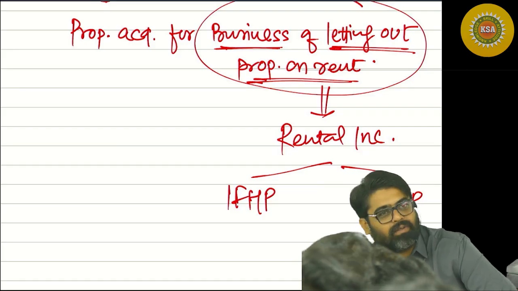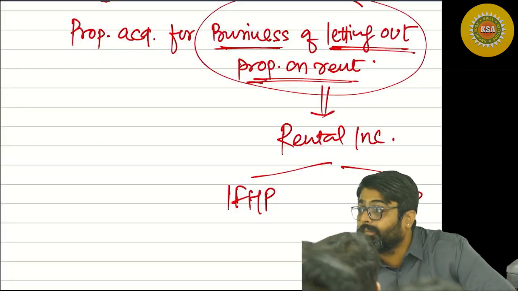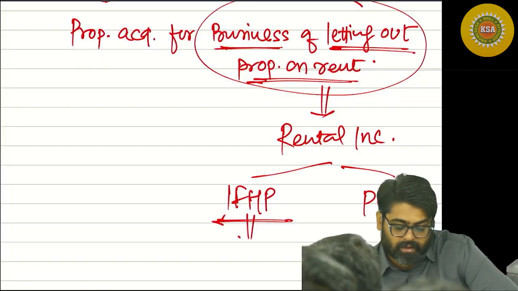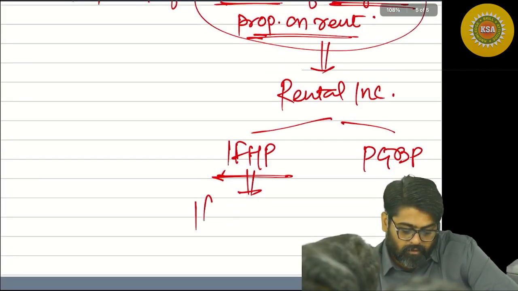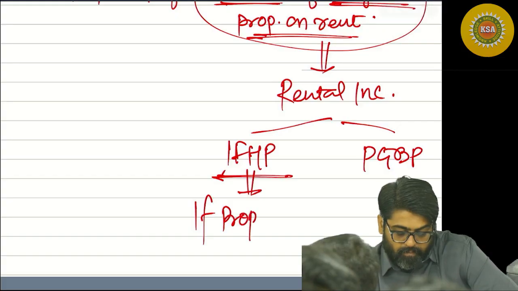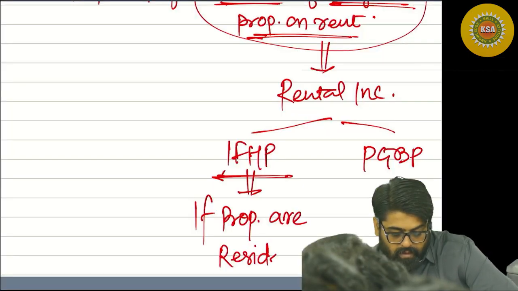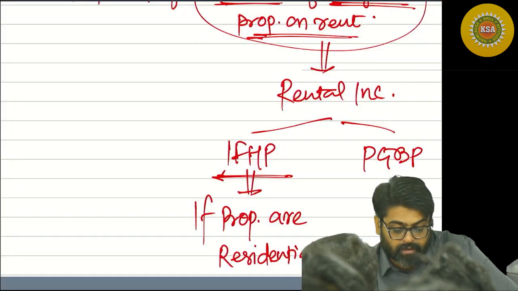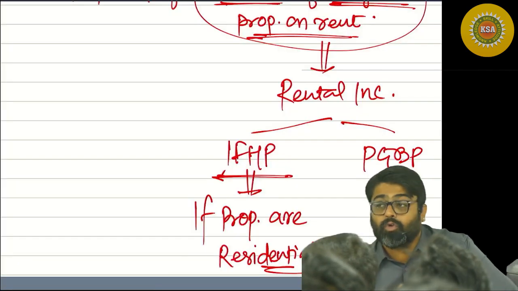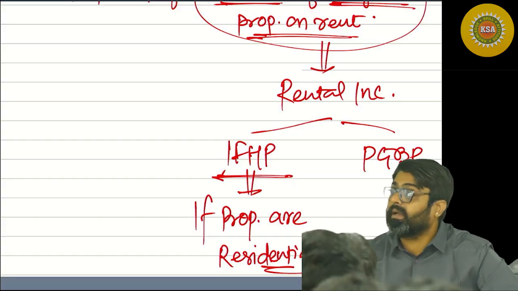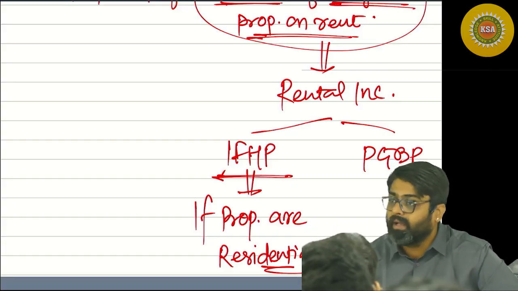Did you understand the question? Tell me. It will be classified under the head house property if the properties are residential properties. So even if my business is giving properties on rent, it will not make any difference.